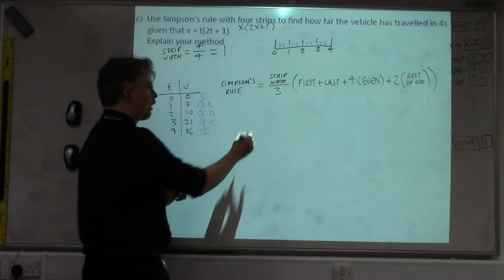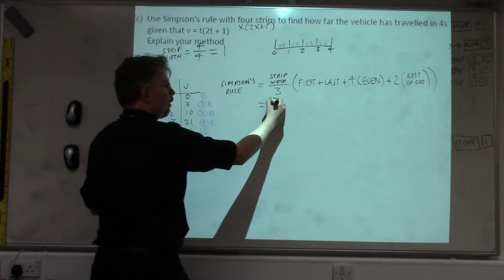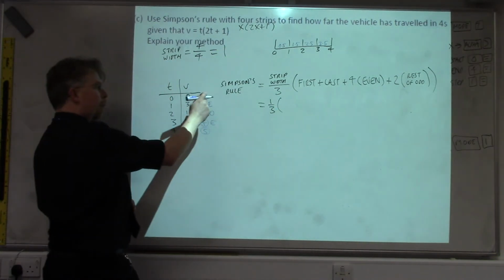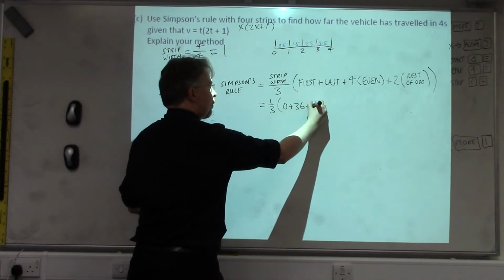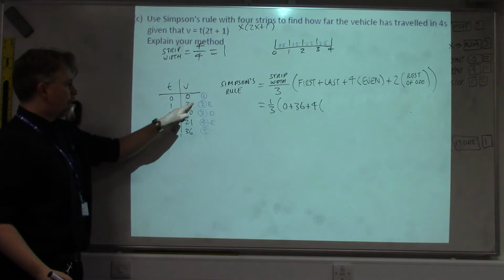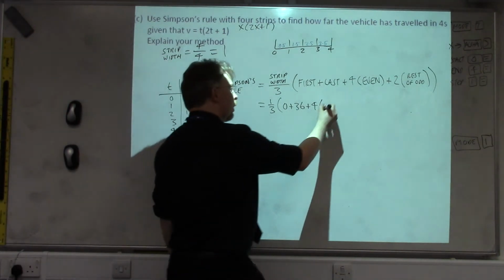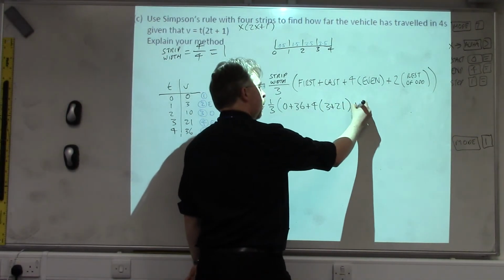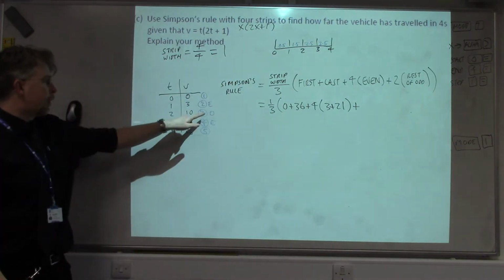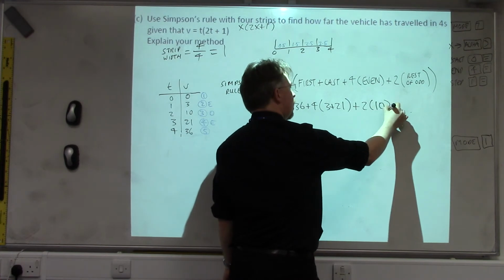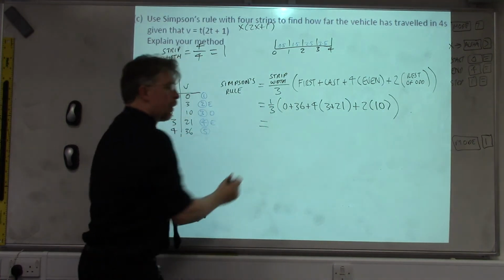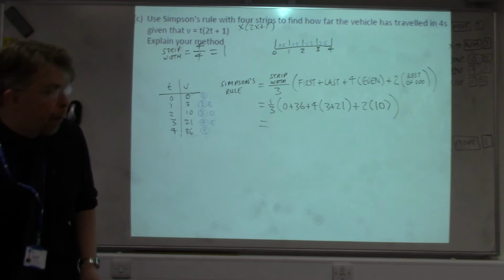So sticking in the values, strip width is 1 over 3, open bracket, first plus last, 0 plus 36, plus 4 times even, 2 even ones, 3 plus 21, close bracket, plus 2 times the rest of the odd, only one odd, and that's the 10. Put it in the calculator, making sure you put all the brackets in.